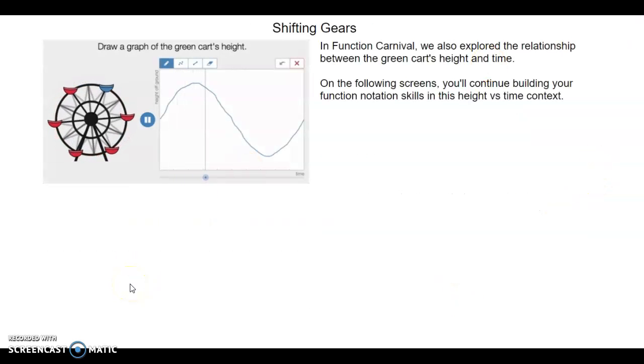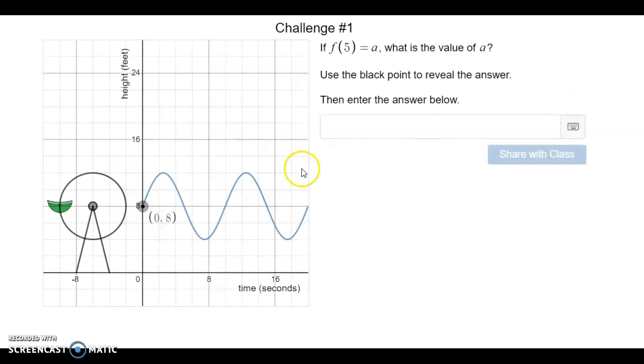Okay, so now we're going to shift gears and explore the relationship between the green cart, right? Remember when we looked at the Ferris wheel? Now we're going to look at the cart's height and time for this one. So if f of 5 equals some number, what is going to be that number? Well, I know that this 5 says at 5 seconds, I need to figure out what the height is.